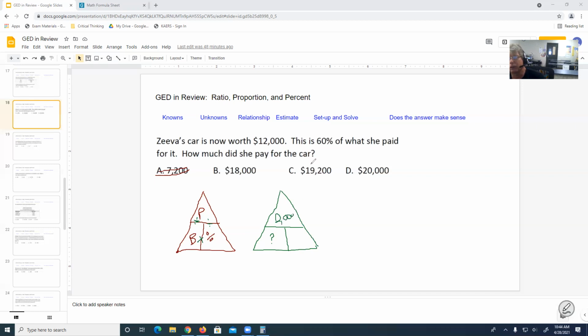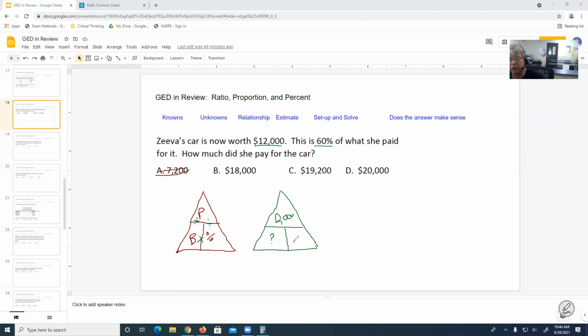And the 60% goes along with that. That 60% is what she paid for it. And that's really important. The part and the percent have to kind of go in line talking about the same thing. And what we're looking for is how much she paid for the car. So those have to kind of match up. So what it's worth now is only 60% of the original price. So all that kind of starts to make sense.